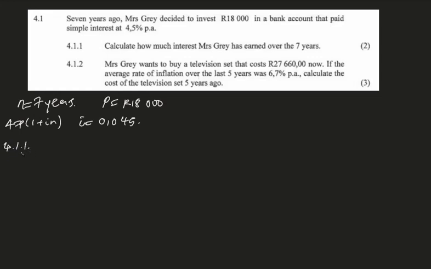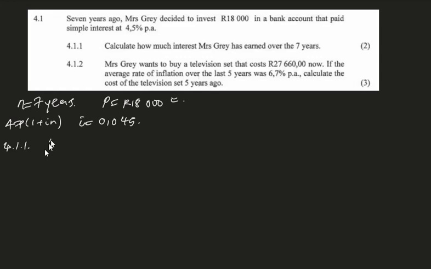So now we can go to answering question 4.1.1. You see how I did it? I broke down the questions into some mathematical statements, and I'm going to use these details to solve my questions as they follow. For 4.1.1 it says calculate how much interest Mrs. Gray has earned over the 7 years. So we want to know how much profit she will get on top of the 18,000 if she leaves it in a bank for 7 years.